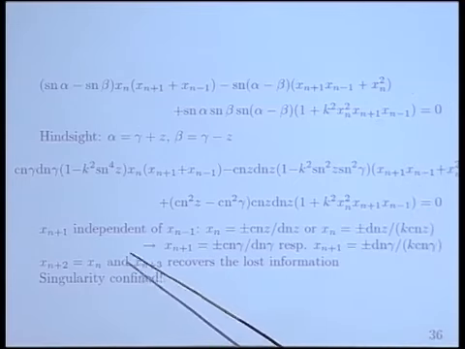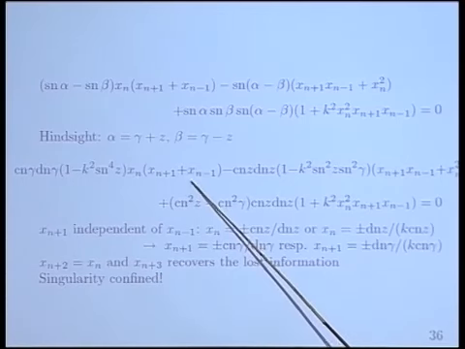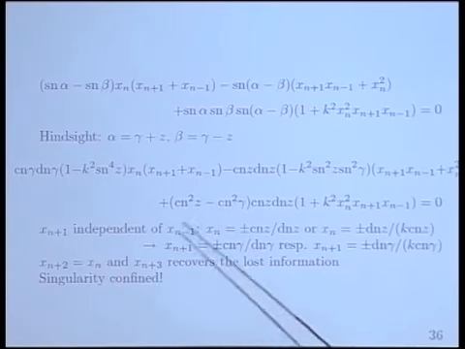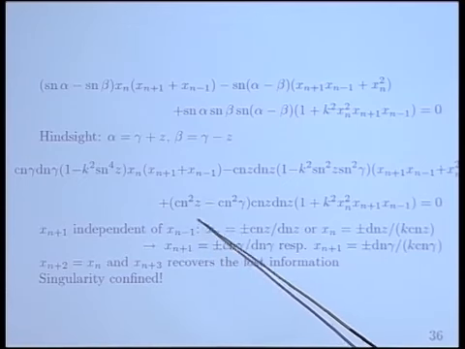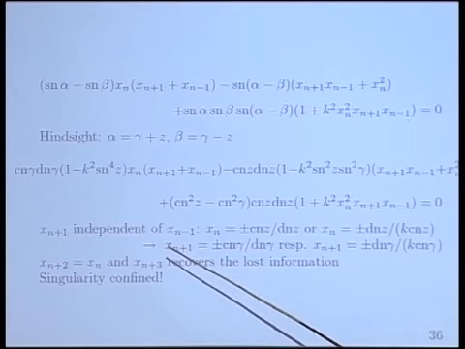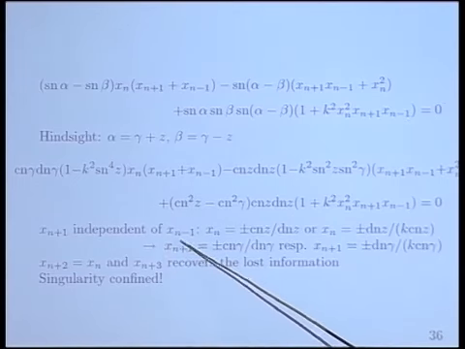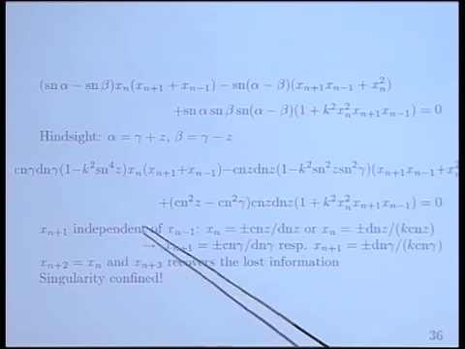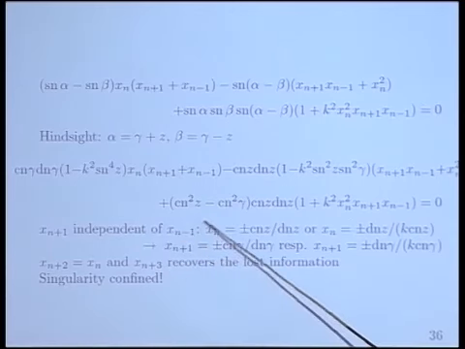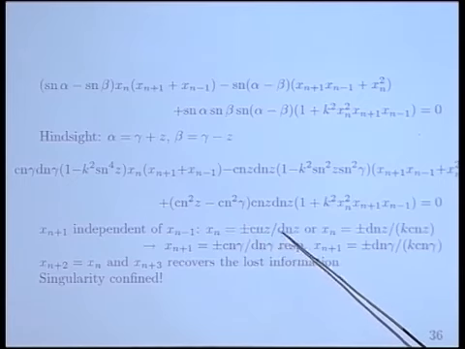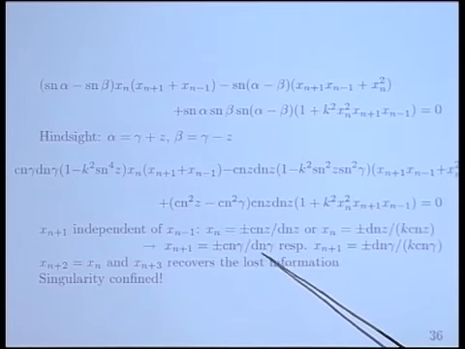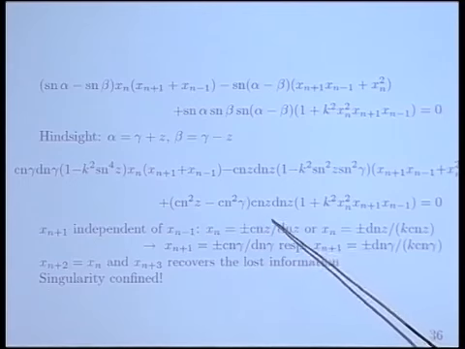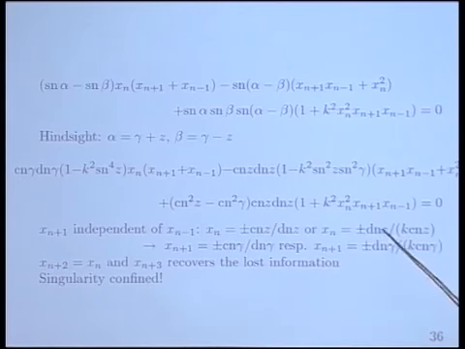And then singularity means that I start with xn and xn minus 1, and xn plus 1 is independent of xn minus 1. This is a singularity, when I lose degree of information. When does this happen? When is it a singularity? When x is either this quantity or that quantity.